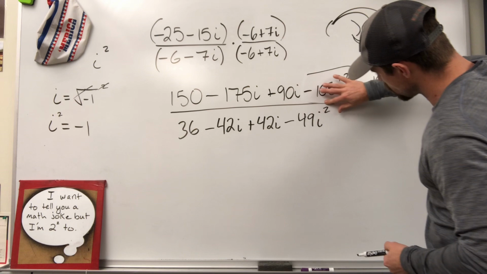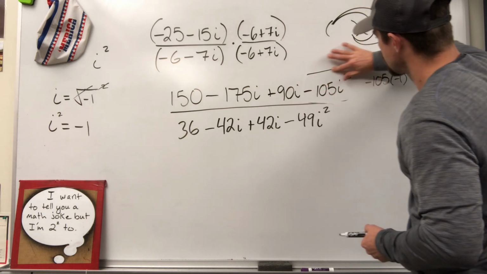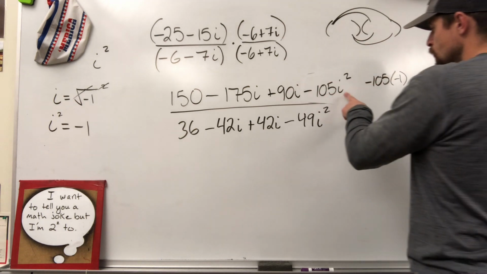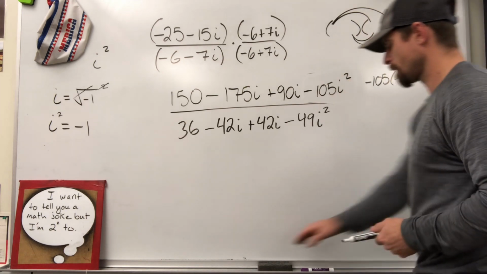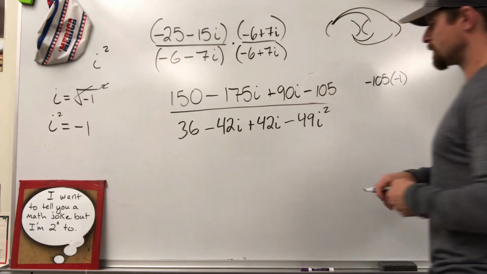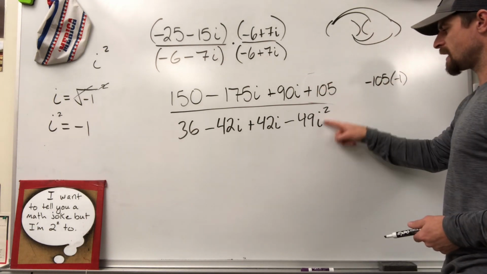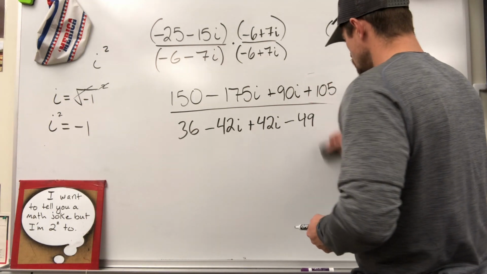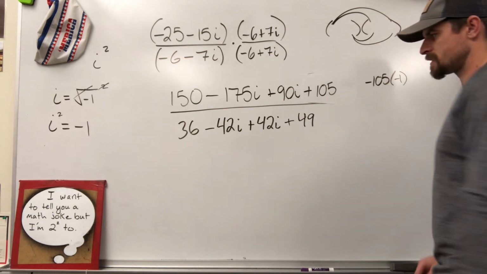So all you got to do with your i squared parts is this. Remove the i squared and change that to the opposite sign. Remove the i squared, change that to the opposite sign.